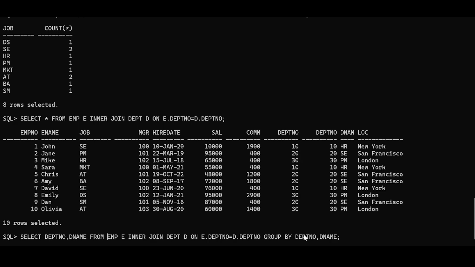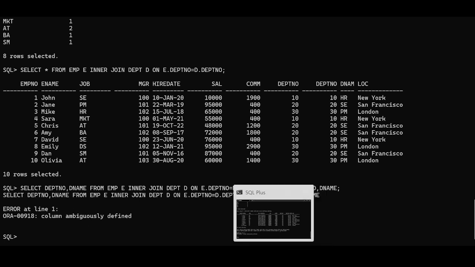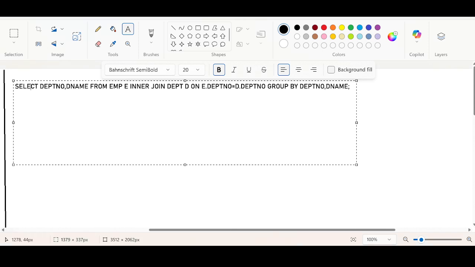If I run this query, there will be a problem. I will tell you what the problem is. See, it says column ambiguously defined. At line number one, the star is pointing here. It says there is an ambiguity. Ambiguous means there is a confusion. What kind of confusion is here?